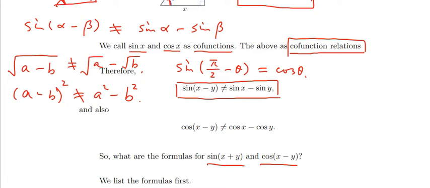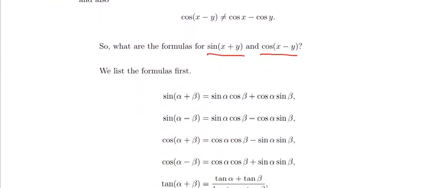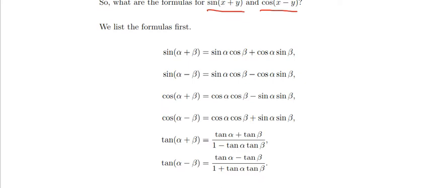So we just listed those formulas. Sine of alpha plus beta equals sine alpha cosine beta plus cosine alpha sine beta. So I remember it this way: sine cosine, then plus cosine sine, okay?